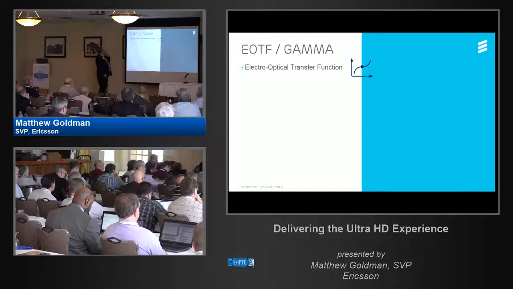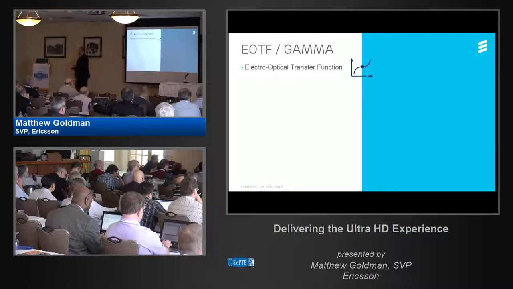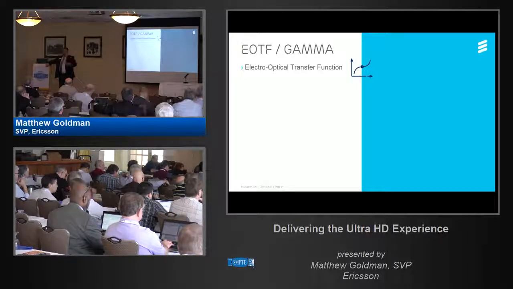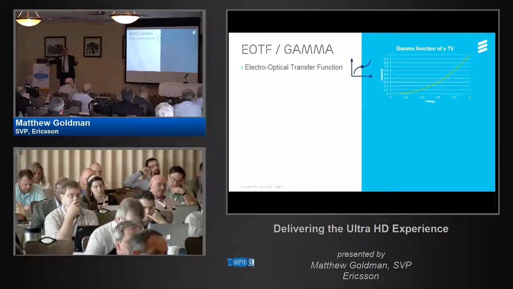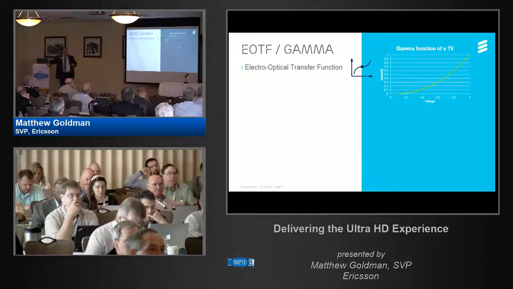Because of the electro-optical transfer function, EOTF, very fancy word. All that means is I'm taking electrical signals and putting them on the display. Optical is what you see. We see in the optical domain, electrical signals are that way. This is what a TV set does. Okay, it's not linear. Neither is your human eye.